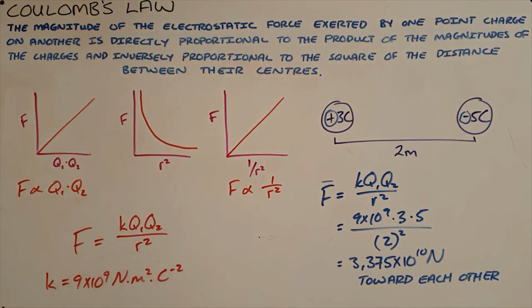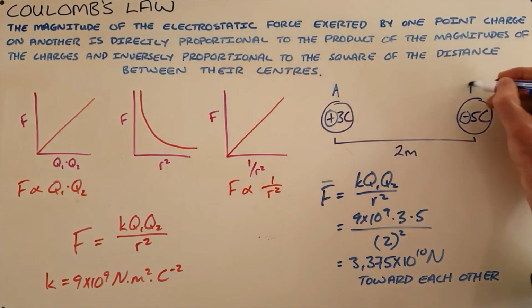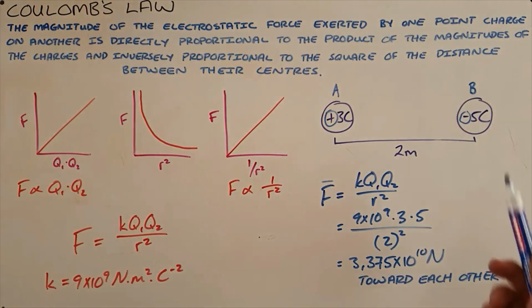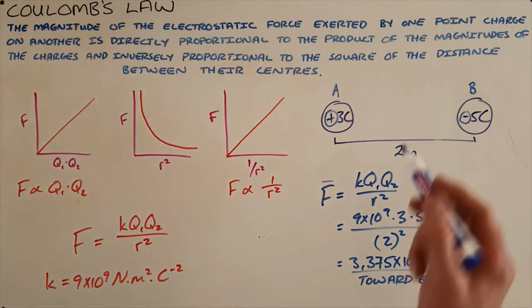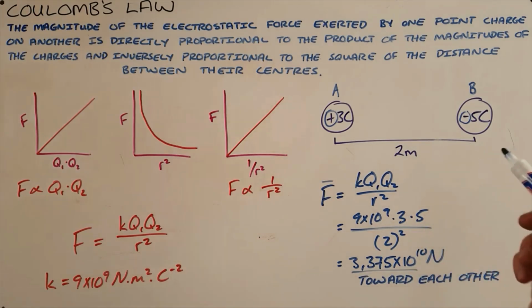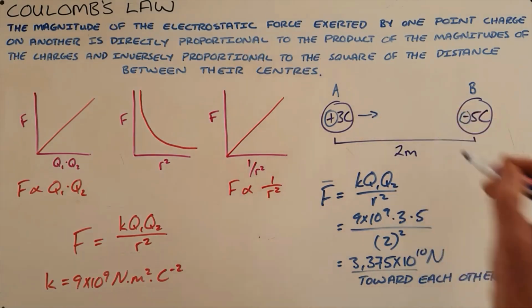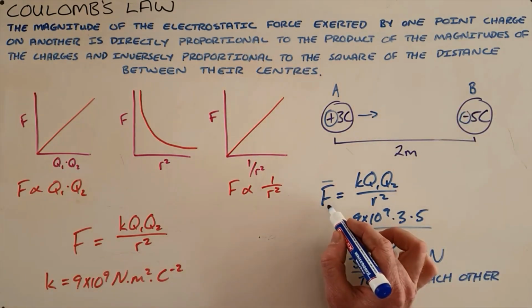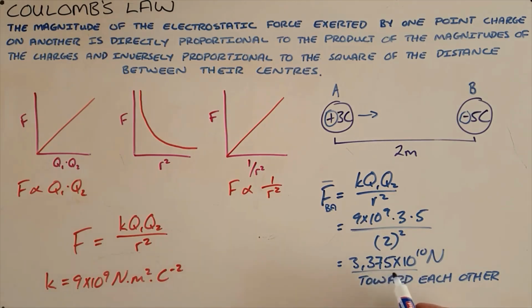And then something that commonly confuses people is that sometimes you would be asked to determine the force that B exerts on A, in which case the magnitude would remain the same. But in this case, B is pulling A towards the right. So there you would write the force by B on A would be 3.375 times 10 to the power of 10 newtons, and that is then towards B.